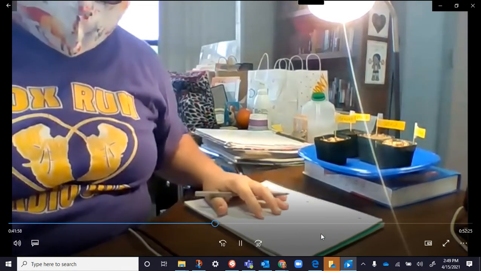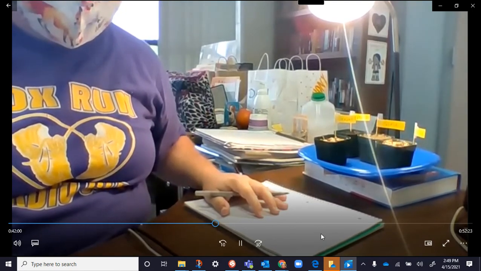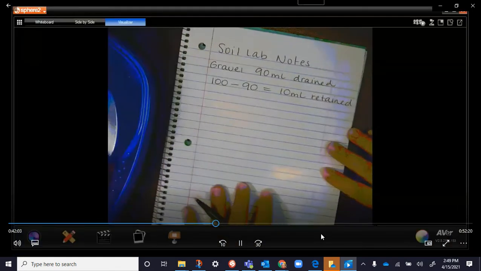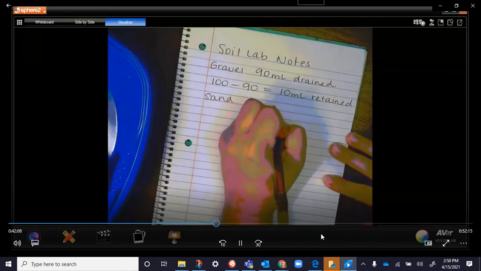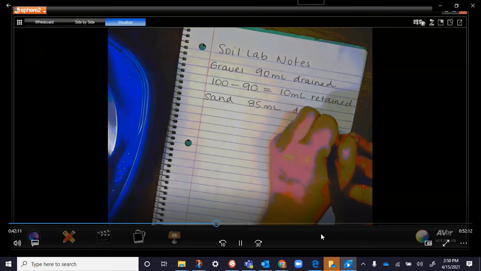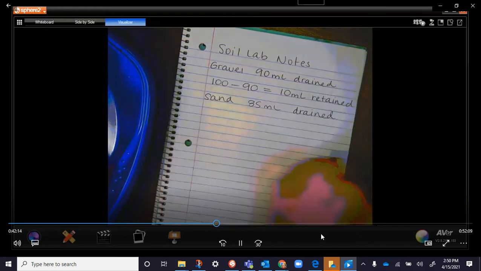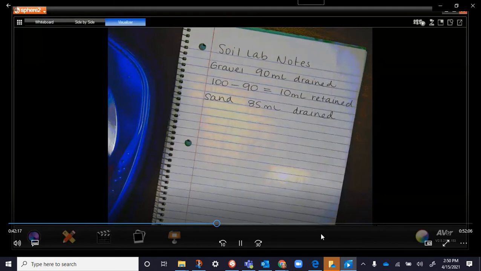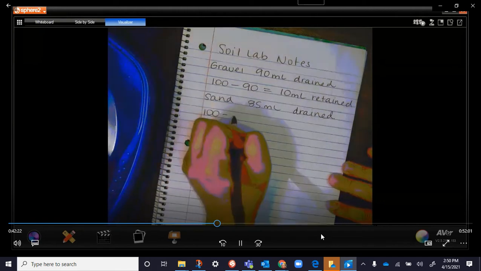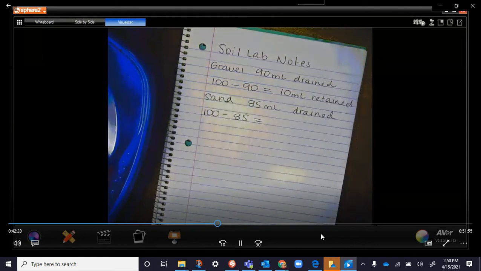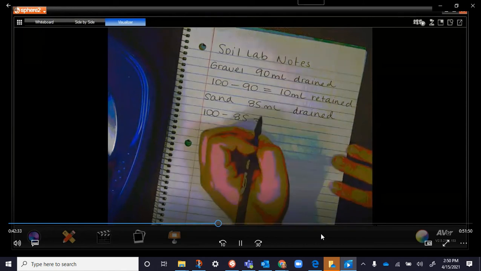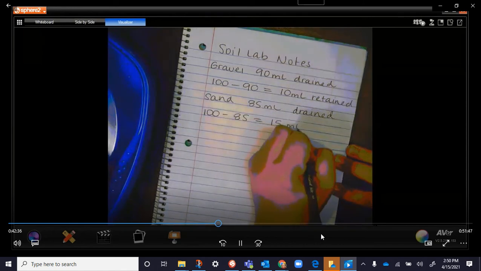So if you have sand, if you have 85 milliliters drained, how are we going to find out how much was retained? By subtracting. So we're going to take that total, subtract what drained out, and what does that leave us with? 15. 15 milliliters retained.